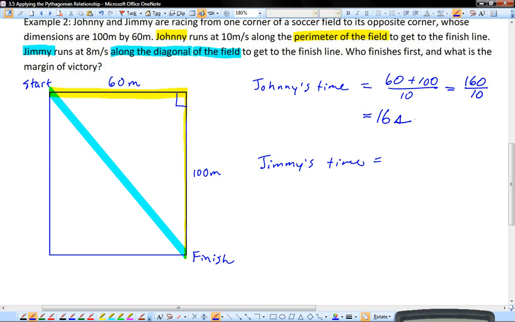Jimmy, on the other hand, is going to go not quite as far. The distance, which is along the hypotenuse, is going to be 60 squared plus 100 squared, and we have to take the square root of that. So we're finding the length of the hypotenuse there, and we're dividing by his speed, which is 8 meters per second.